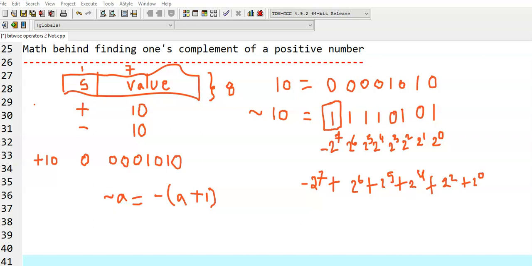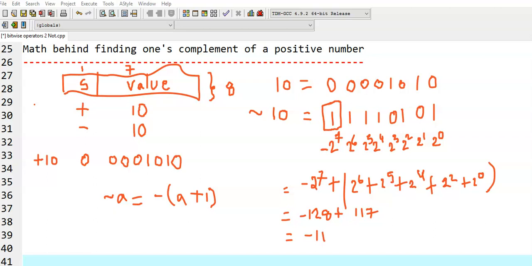Except the sign bit, we add all these values. Minus 2 power 7 gives minus 128. If we add all the other values, we get 117. Minus 128 plus 117, we get the value minus 11. In this fashion, we get the given value.